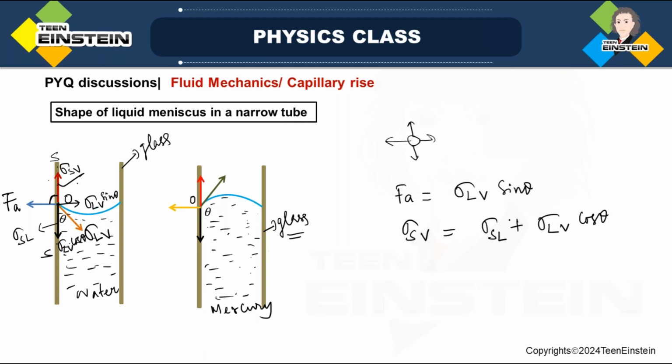Okay, sigma LV cos of theta. Now this angle of contact, if I just write cos of theta, then what I get is sigma SV minus sigma SL divided by sigma LV.